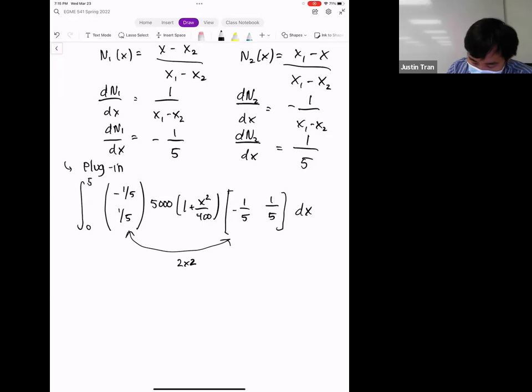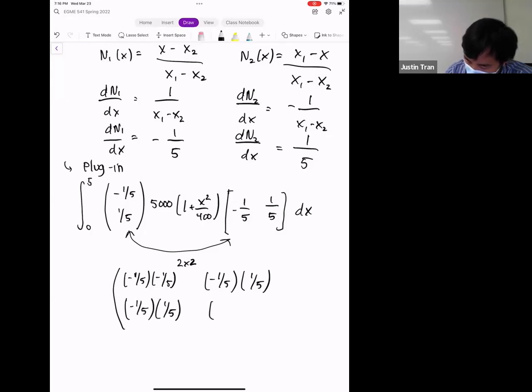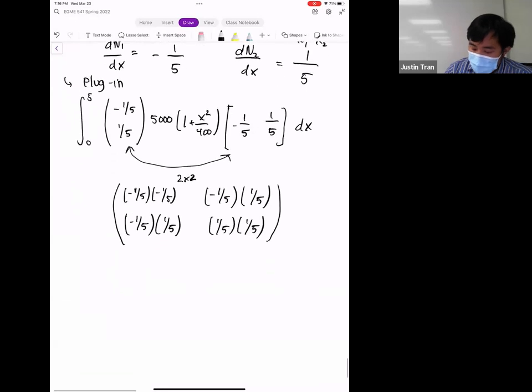Multiplying out, minus 1/5 times minus 1/5, and so on, if we evaluate all of these multiplications, we have 1 over 25, minus 1 over 25, minus 1 over 25, 1 over 25.